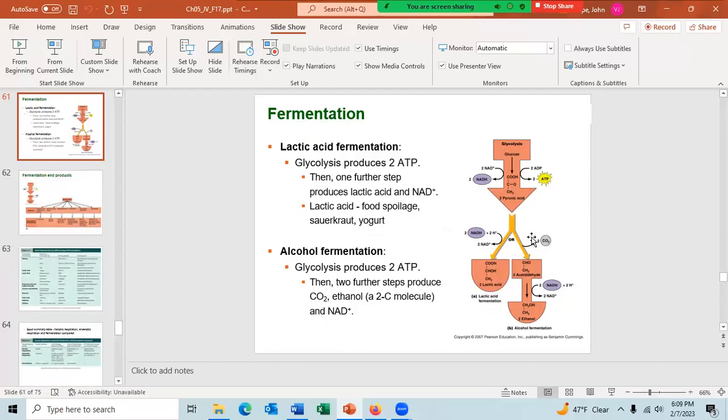The electrons flow from glucose to pyruvate, which will then be converted to lactic acid. And then in the making of vinegar, the electrons will flow to the paper towel underneath wherever it's being held.